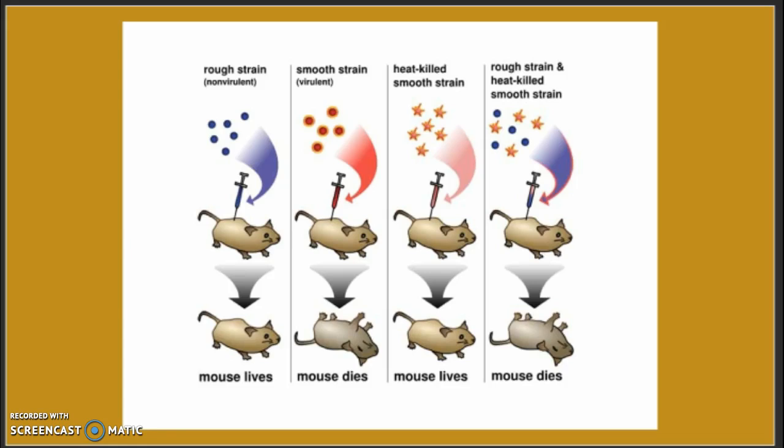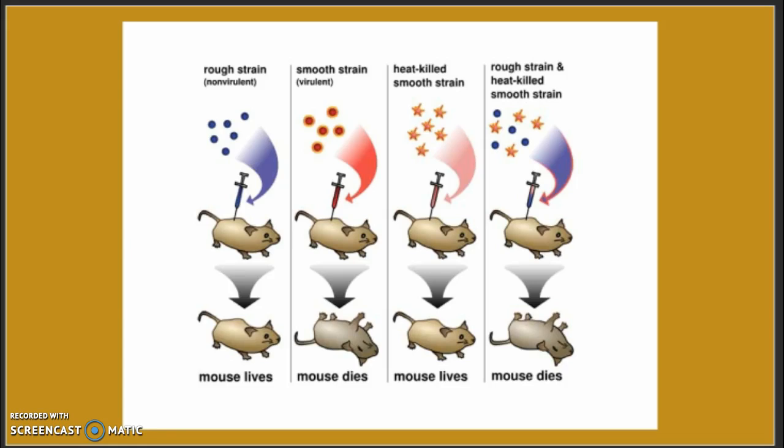So this is where we get that concept of the transformation principle. Basically, the rough strain, which was the healthy strain, actually transformed into the virulent smooth strain.